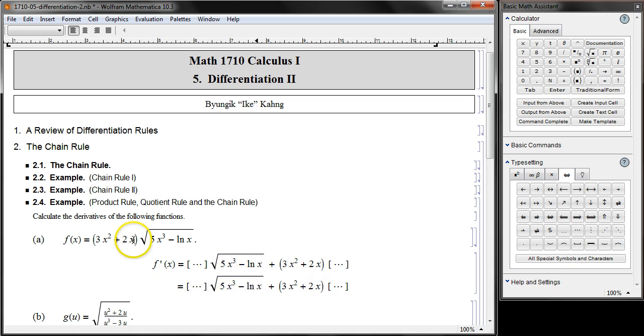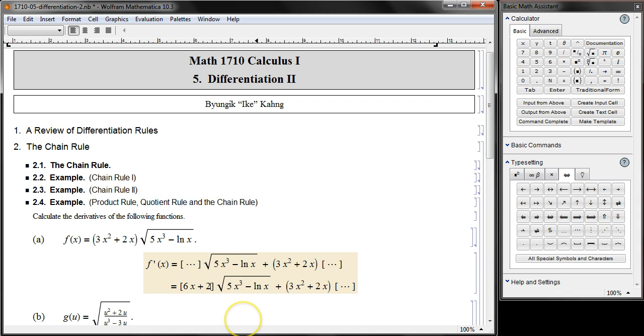Okay, the derivative of the first function, it is 6x plus 2. Now this is v prime u. How about the derivative of the second function?